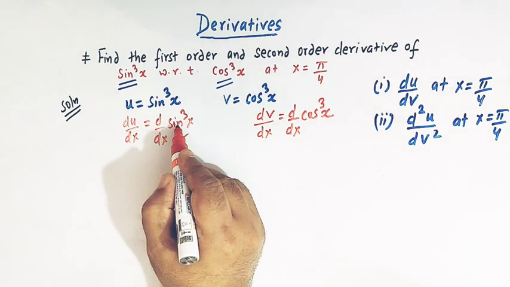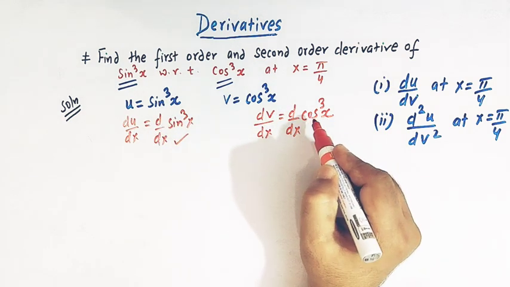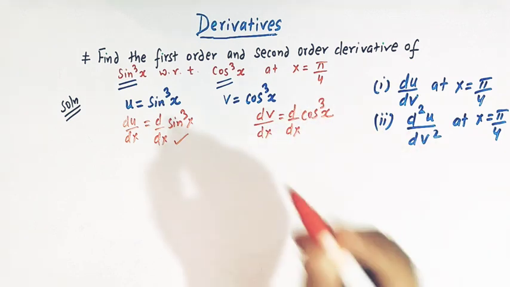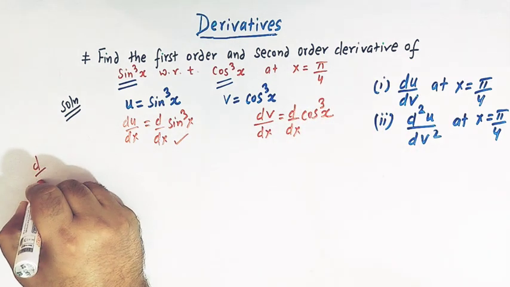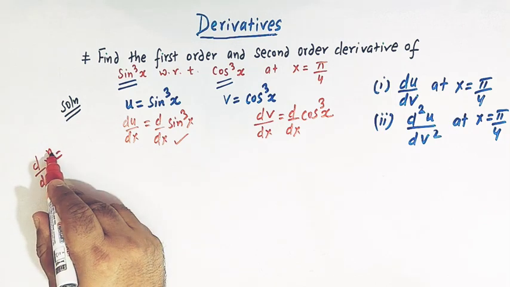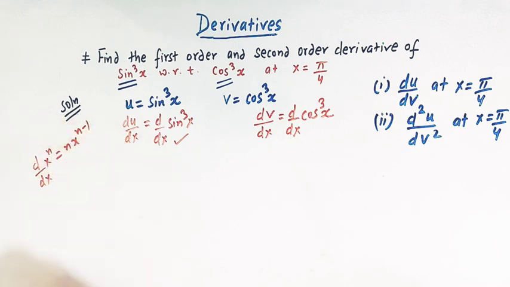To find these, we will make use of one important result: the derivative of xⁿ with respect to x is nxⁿ⁻¹.